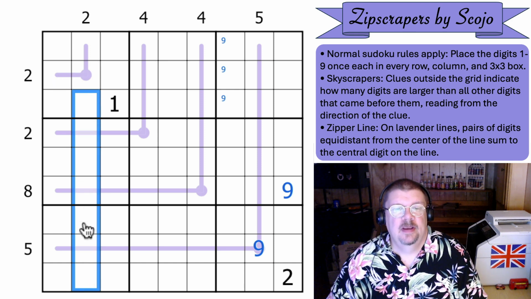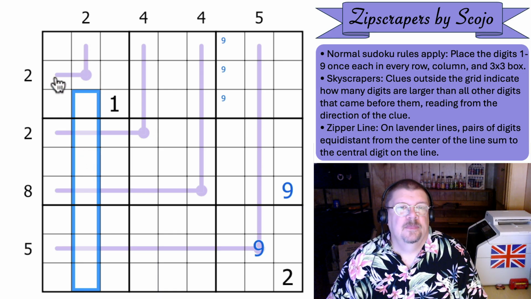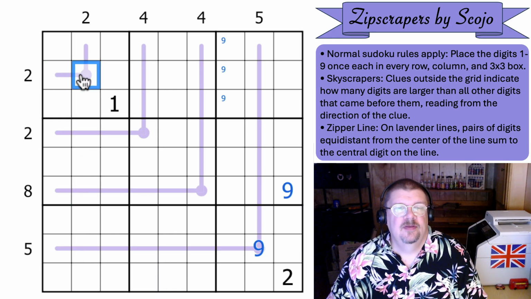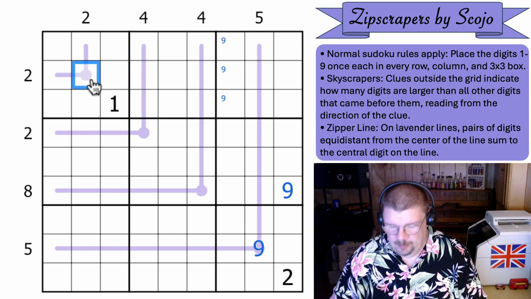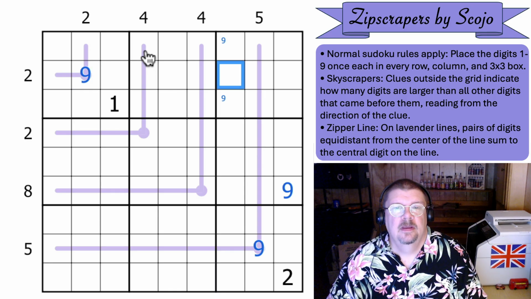But if 9 were in any of these highlighted cells, then it would see this digit, and the 9. Same applies here. If this is not a 9, then it will see this digit, and wherever the 9 is here. So this must be a 9. And that means that that's not a 9.